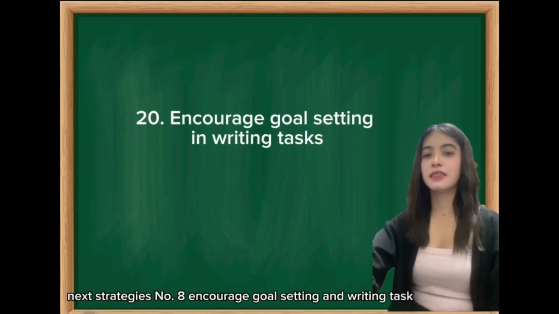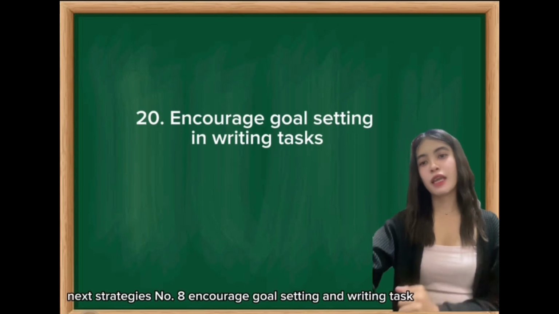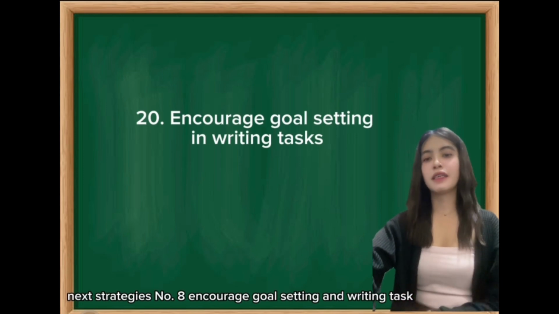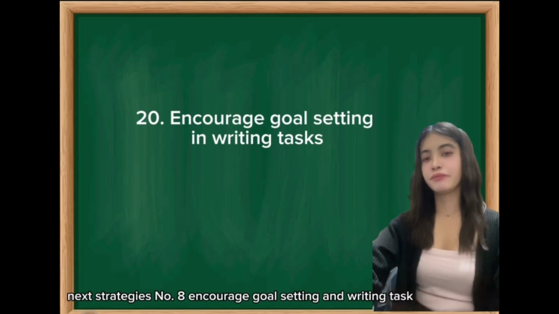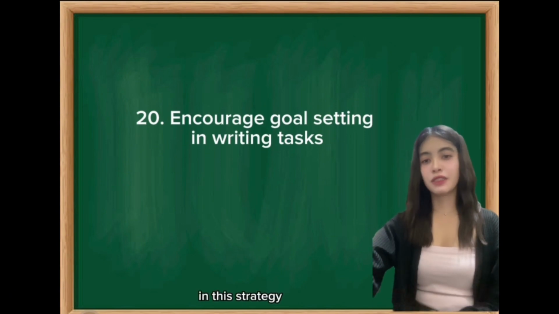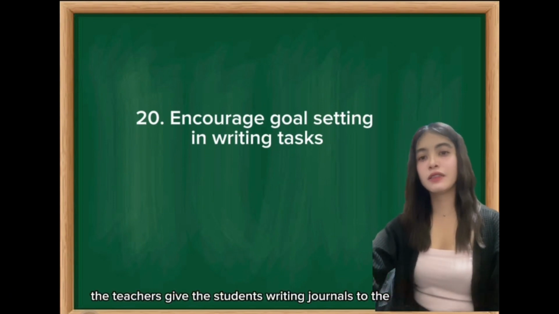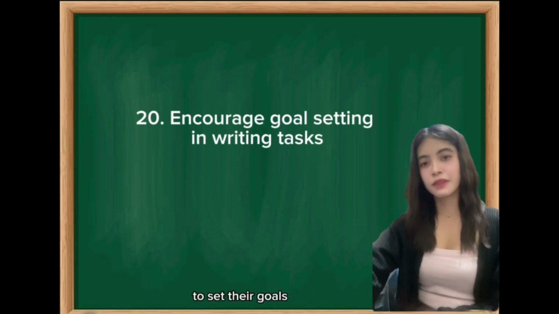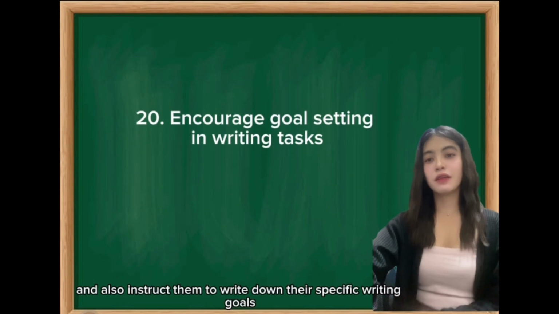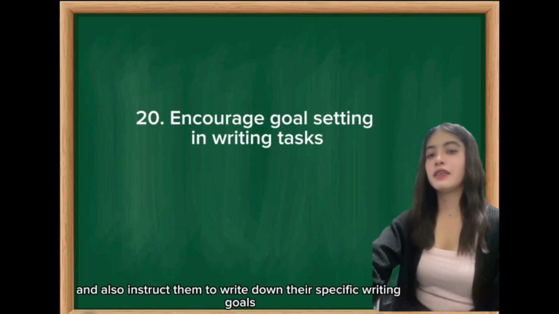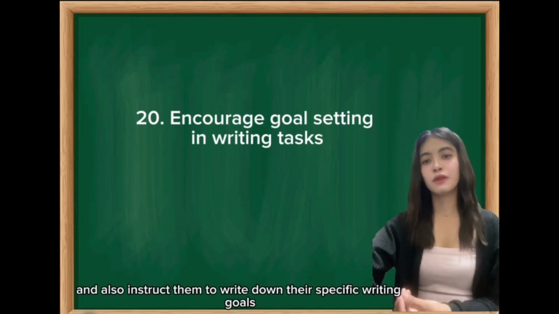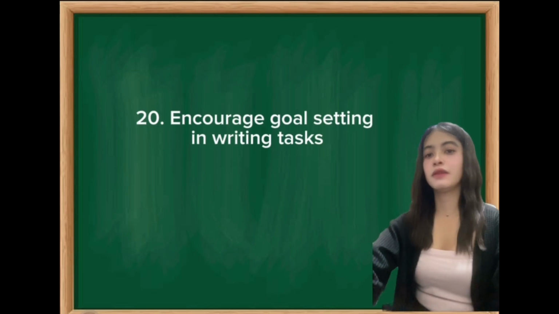Next, strategy number eight, encourage goal setting in writing tasks. In this strategy, the teachers give the students writing journals to set their goals and also instruct them to write down their specific writing goals in that journal.